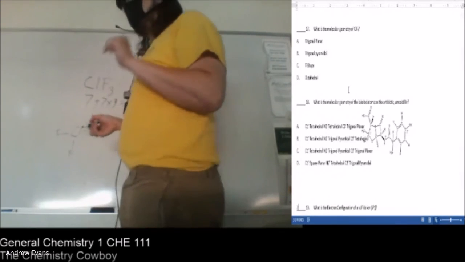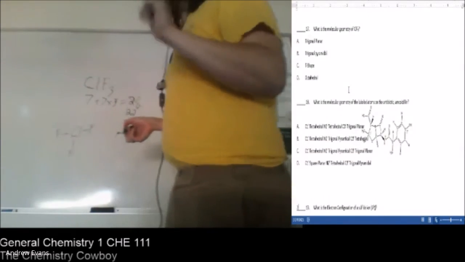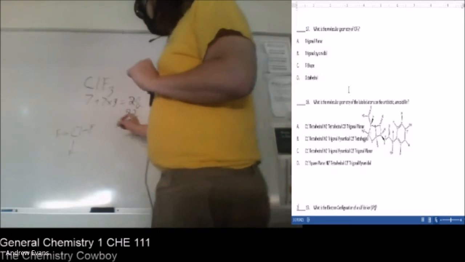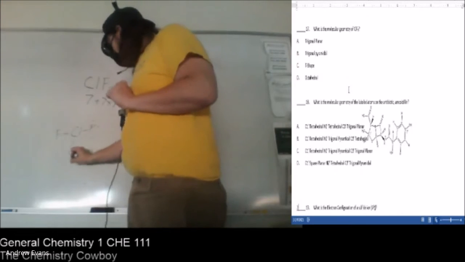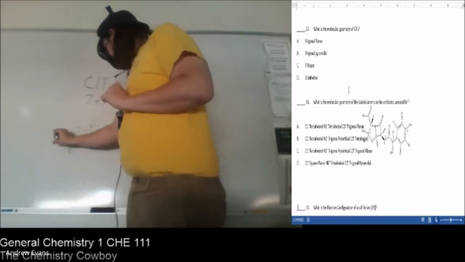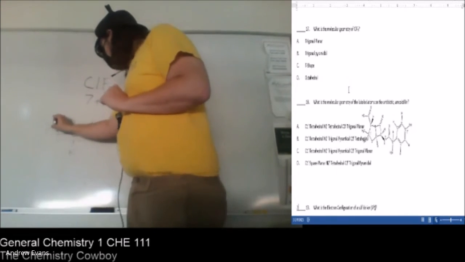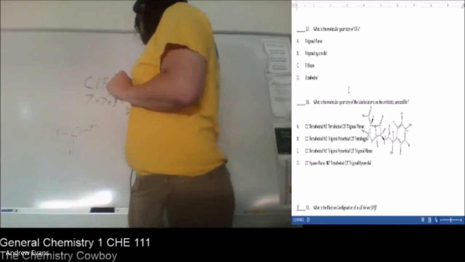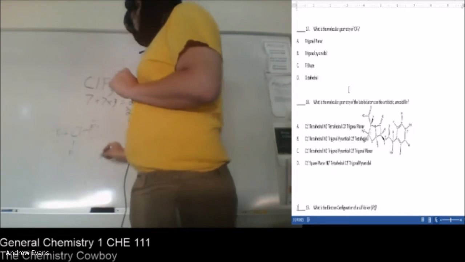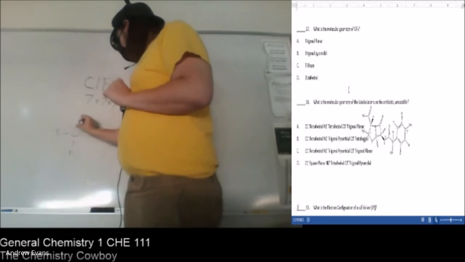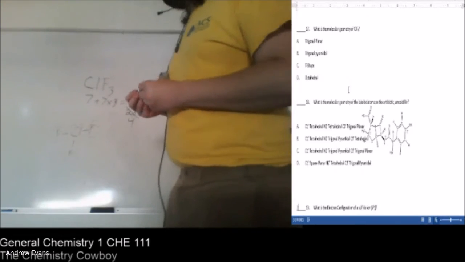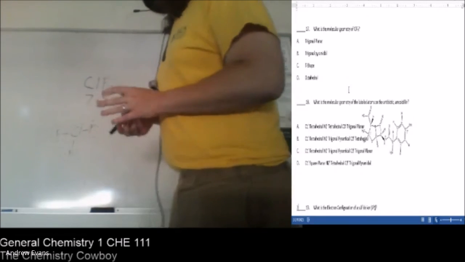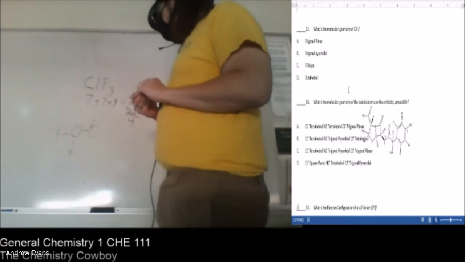Each fluorine needs 6 electrons, so we're going to use 18. That knocks it down to 4, which means we have 1, 2, 3, 4. So with that in mind, we have our Lewis structure.